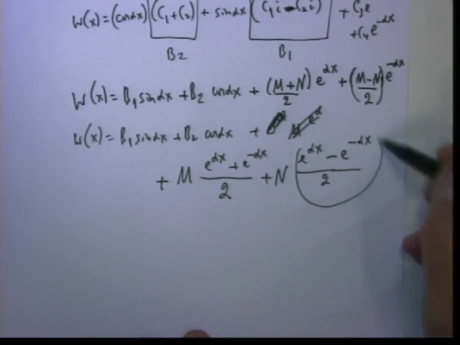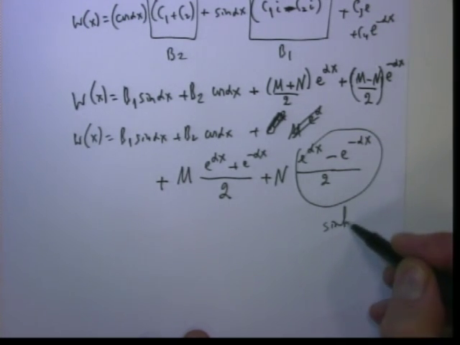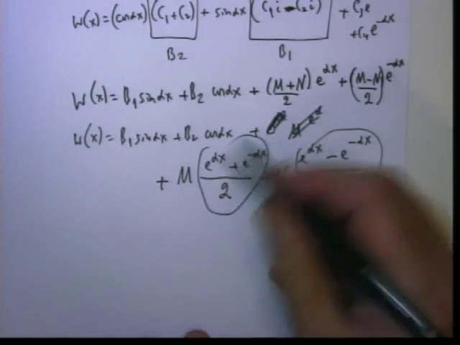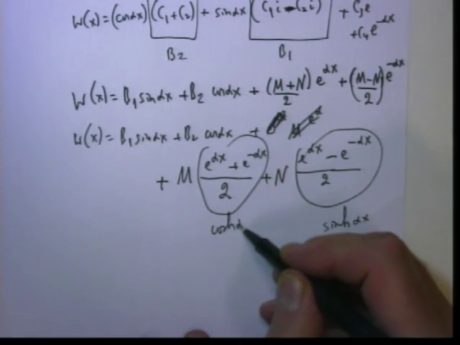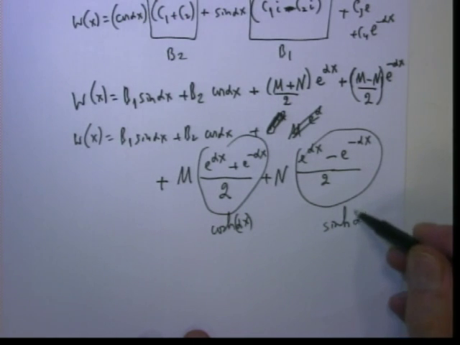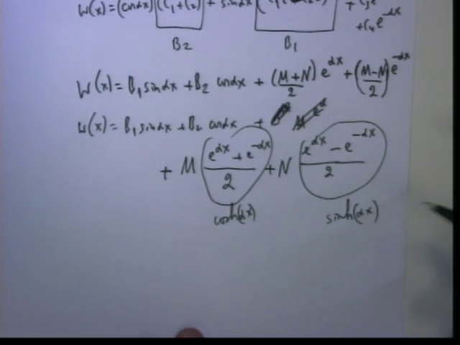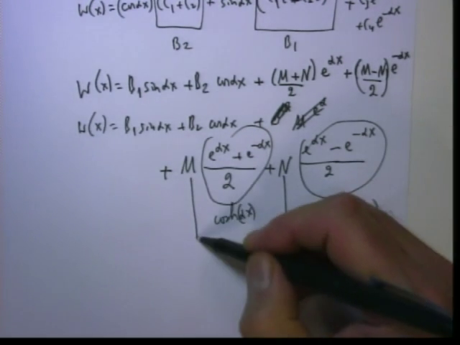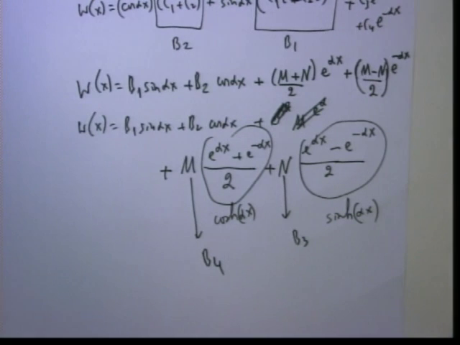Now this is hyperbolic sine. This is hyperbolic cosine. Okay, and then I will call this B3, and this I will call B4, because I want to call things B1, B2, B3, B4.